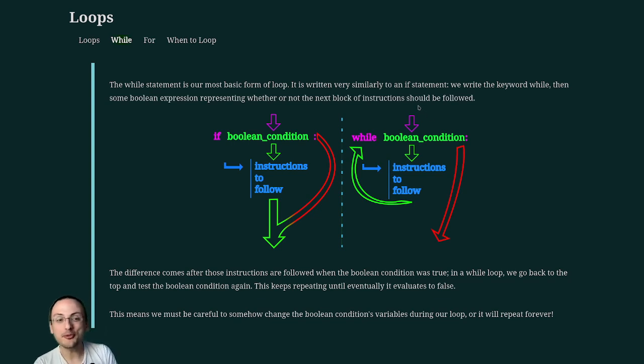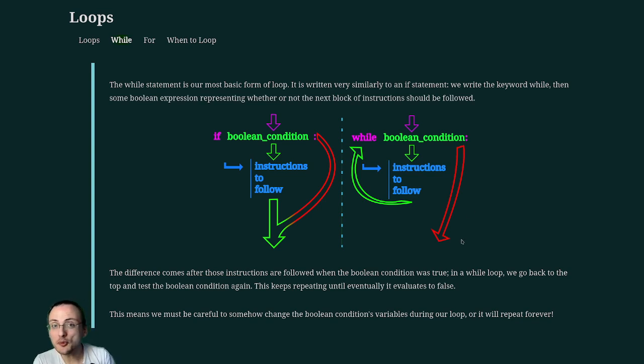So our program is running, we get here to our while loop, and it sees while Boolean condition. And now it's going to branch off in 2 directions. When the Boolean condition is true, it will follow the instructions. When the Boolean condition is false, it'll skip the instructions.